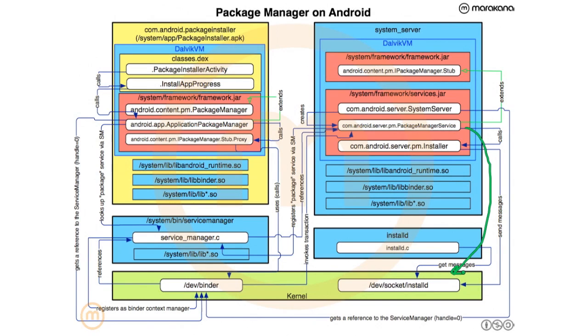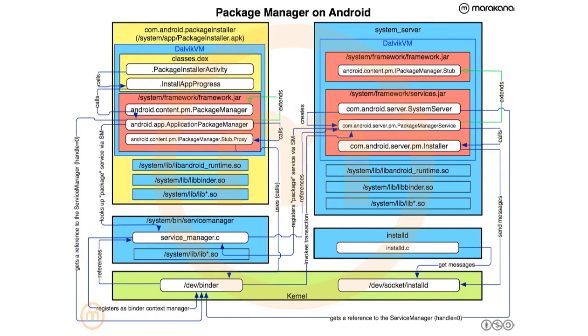And how does it send this request? It sends it as a Unix socket message. So this is yet another IPC call, but now we're not using binder, we're using Unix sockets. This installd socket is being read by the installd daemon. The daemon gets that message, parses it, and says, okay, this is what we need to do, and it executes those commands, creating that directory structure and changing the ownership.